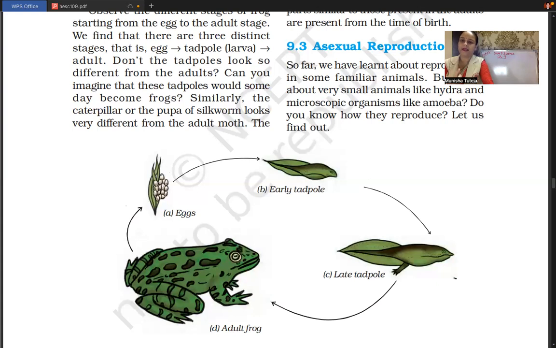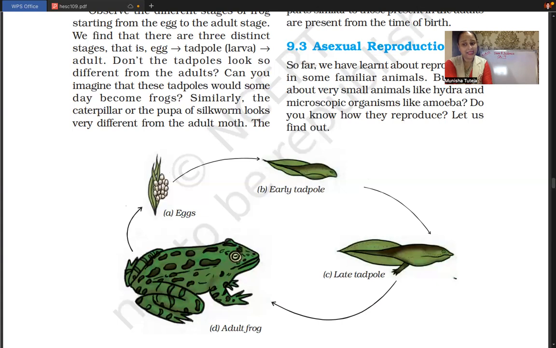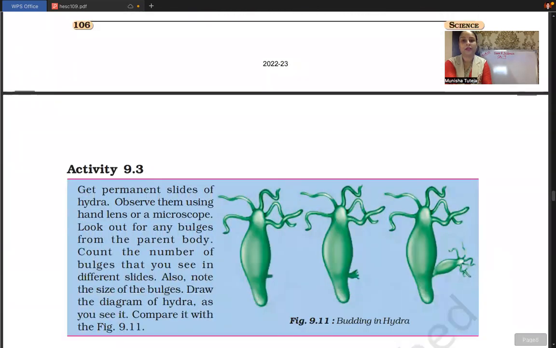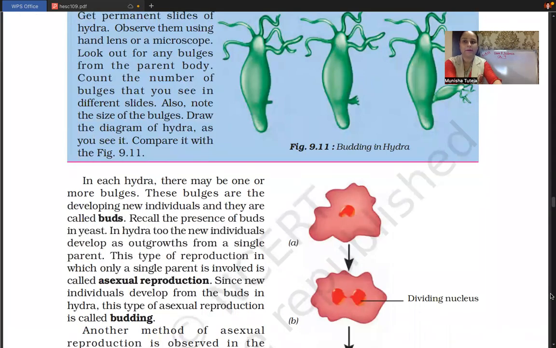Only a single parent can produce a young one of the same kind, right? Just like we had asexual reproduction in plants, we also have asexual reproduction in animals. And here we have two beautiful examples for that. Let me just quickly show you these examples.